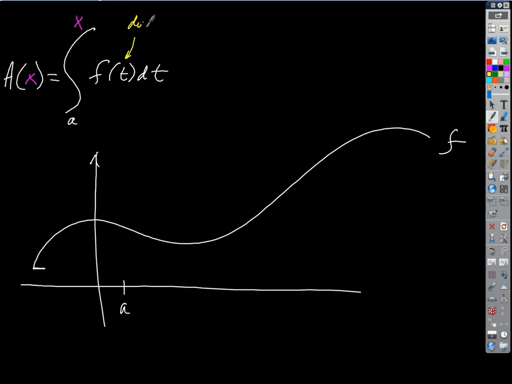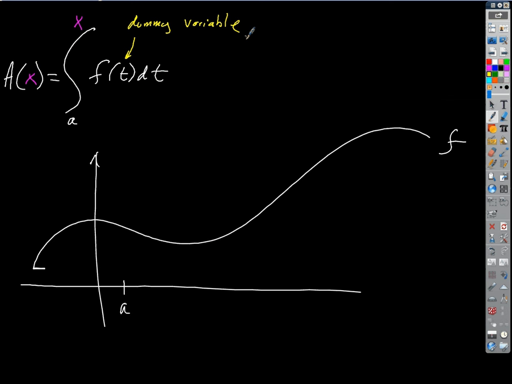It's what we call a dummy variable, and it's really just there to define the shape of the curve. If I plug in input values, I want to know what the output values are so I can make a sketch.